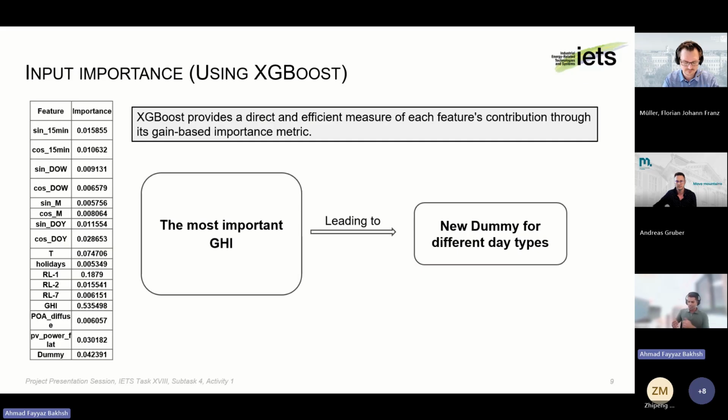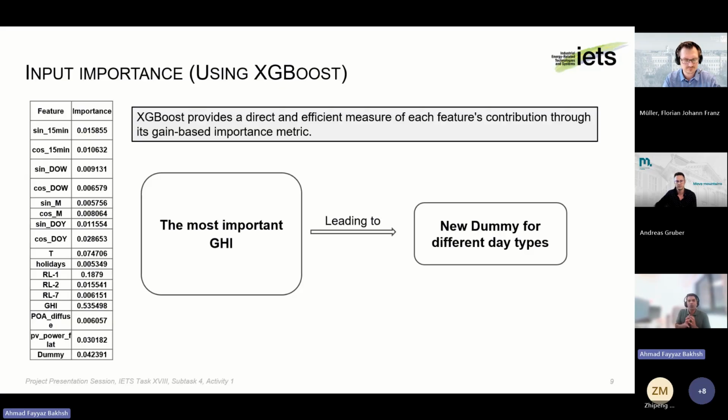So what we did, we came one step back and made an importance study to see which input has the highest influence in our forecasting. Based on the extreme gradient boost model, we found out that global horizontal irradiation, with 53%, has the highest importance.